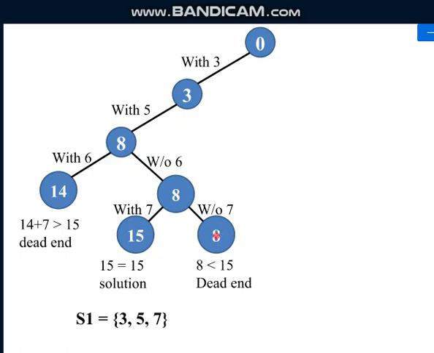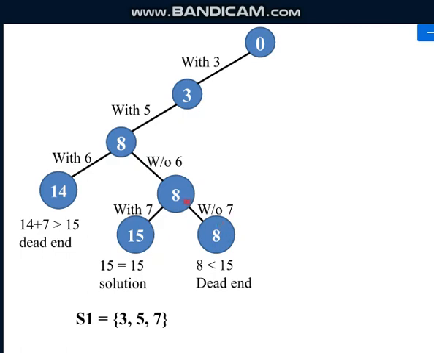With the 7 we got 15. Without 7 we get the sum as 8, and you don't have any other element after 7 to include in the solution set. You have reached the dead end, because after 7 there are no more elements in the set. So now again you will track back.